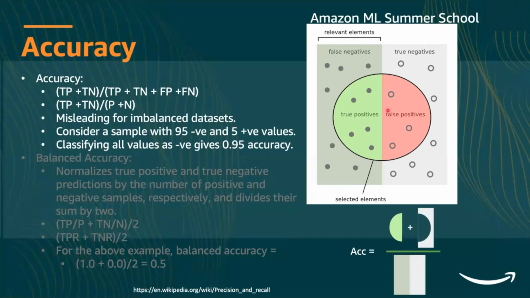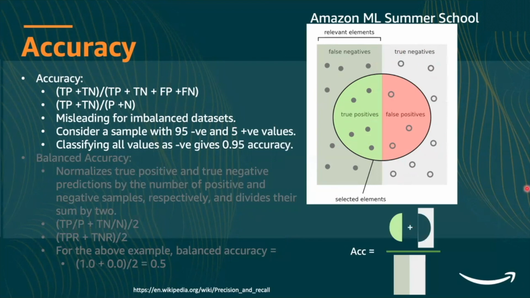The total correct predictions were this green block and this part of the square where the model has predicted the true negatives. So it's basically the sum of true positives plus true negatives divided by the total number of samples. However, for an imbalanced data set, wherein the number of samples of one class is much higher than the other class, the accuracy metric is misleading.